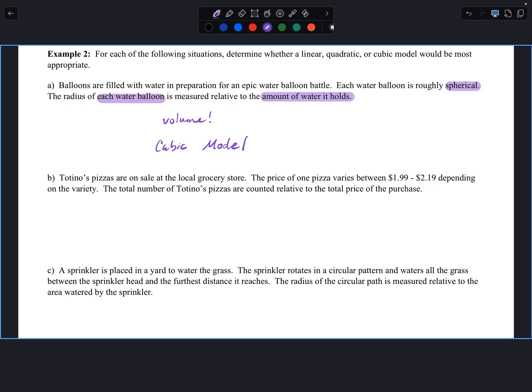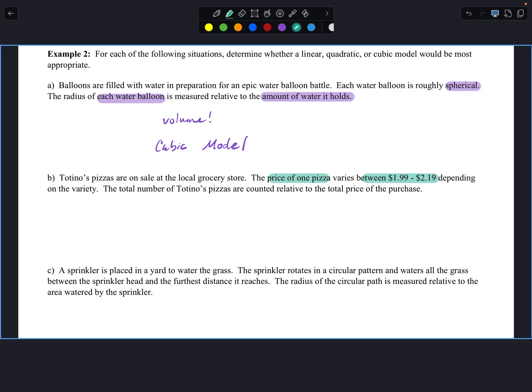Totino's pizzas are on sale at the local grocery store. The price of one pizza varies between $1.99 and $2.19, depending on the variety. The total number of Totino's pizzas are counted relative to the total price of the purchase. Okay. So here is a hint. The price of one pizza varies between $1.99 and $2.19. Those are pretty close, right? So what's going to happen to your total when you're checking out at the grocery store, the more pizzas you buy?